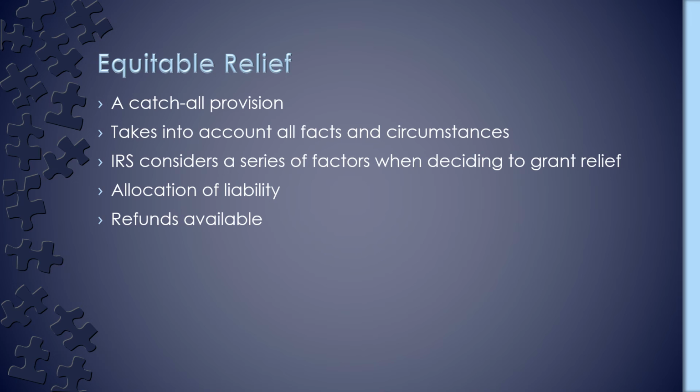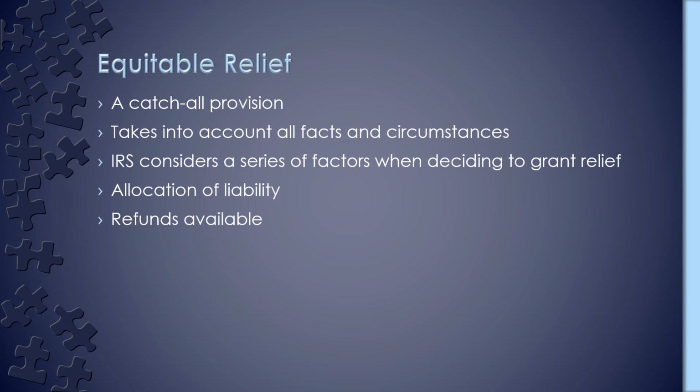And what they'll say is, okay, one factor is positive in your favor, neutral, or negative. And then they'll look at all of the factors and see which are positive, negative, or neutral, and then decide whether they're going to grant you relief. But there's no weight given to any particular factor. And just because there's more factors in your favor than not, the IRS can still not grant you relief. So like I said, it's kind of a wishy-washy sort of exercise.